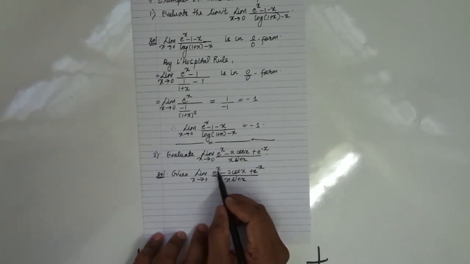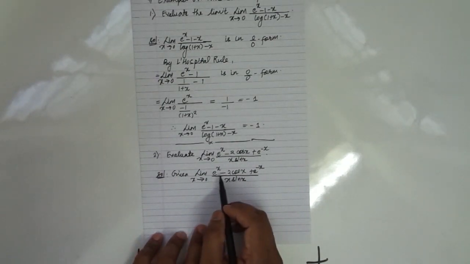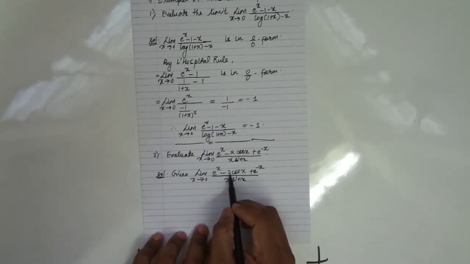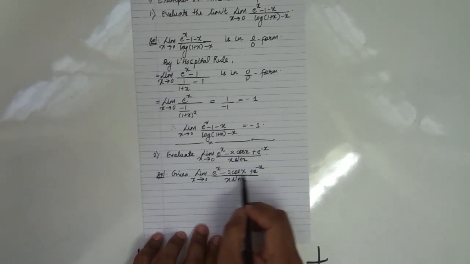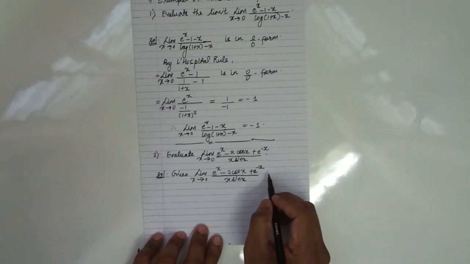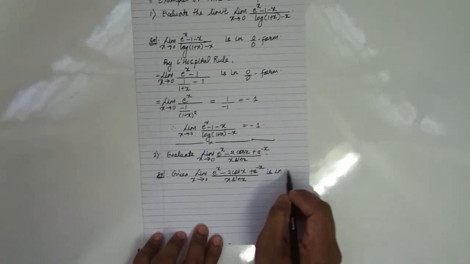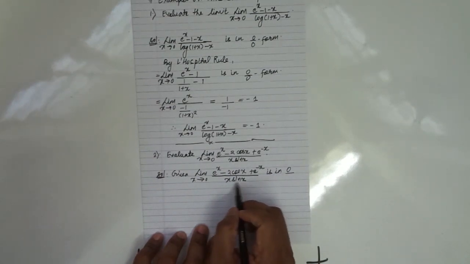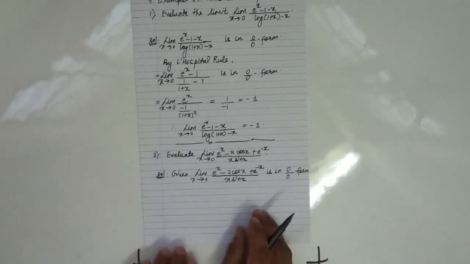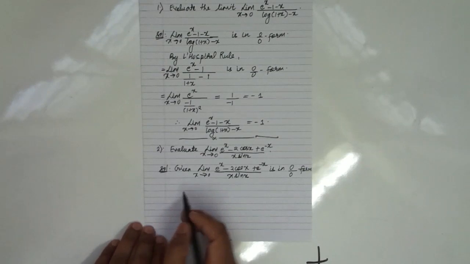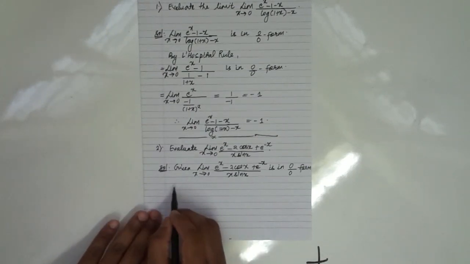If I put 0 instead of x, I will find that this is e raised to 0, which is 1, minus 2 times cos 0. Cos 0 is 1, and this is e raised to 0 again 1. So 1 plus 1, 2, 1 minus 2. So this is in 0 by 0 form. So we will use L'Hospital rule.